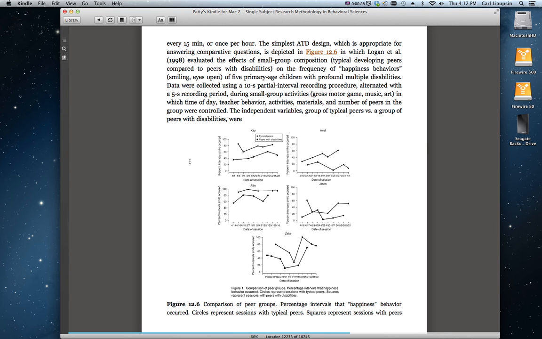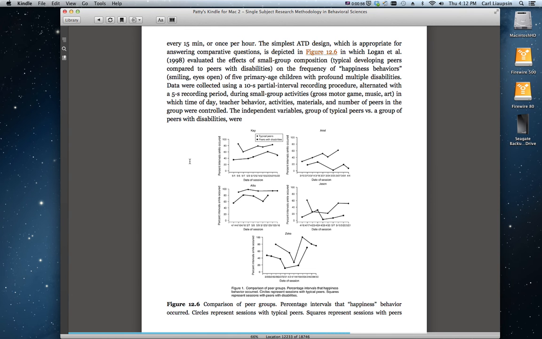If you go to figure 12.6 in the text, you'll see that really what you're doing is just running a couple of interventions. They're quick. You don't have to conduct a baseline, and we'll look at some studies later. But in this case, I thought this was interesting.